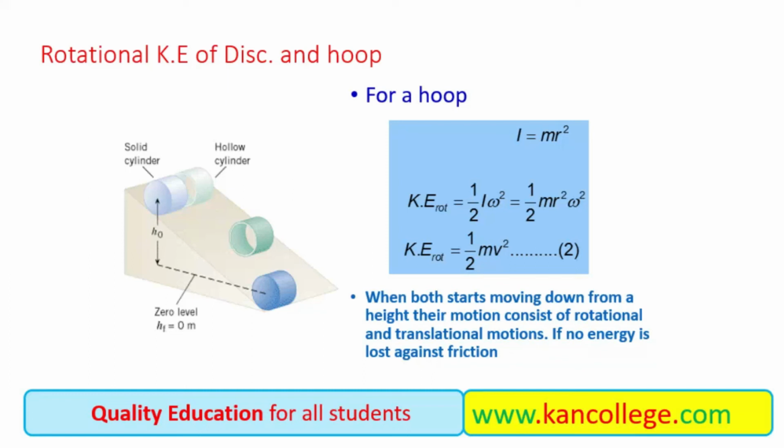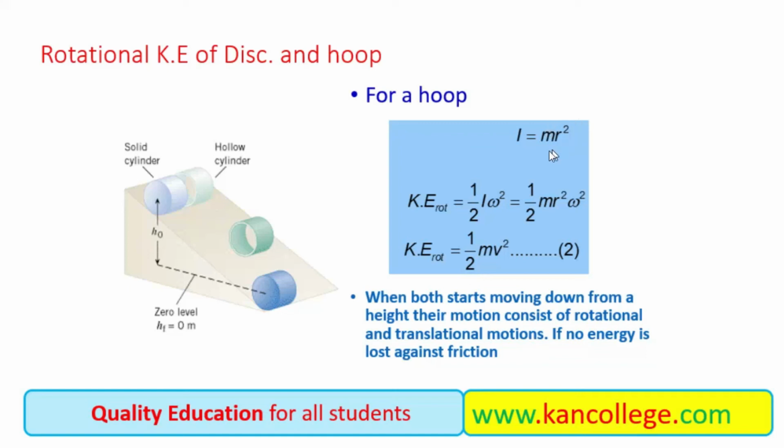In the case of the hoop, the moment of inertia is m r squared, as the whole mass is at the end of the hoop, so the total radius is involved. We take no average; the total moment of inertia is m r squared, as the whole mass is at the radius r.